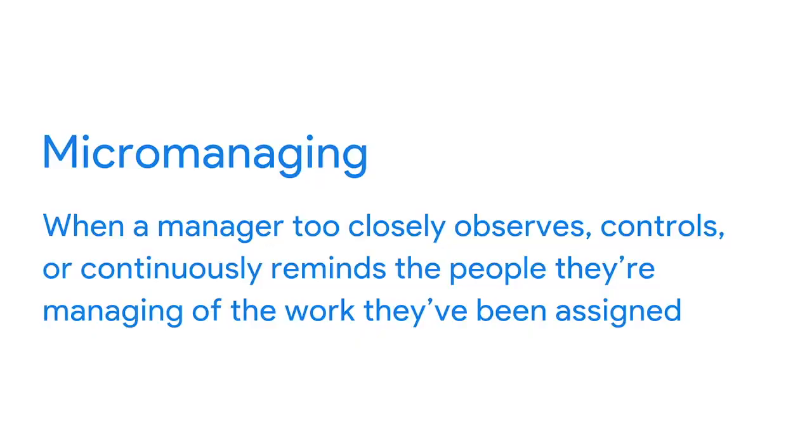Even when you're just trying to get a clear understanding of a task you don't understand, asking questions without empathy can leave team members with the sense that you're micromanaging them. Micromanaging is when a manager too closely observes, controls, or continuously reminds the people they're managing of the work they've been assigned. This has a negative impact because it demonstrates the manager's lack of trust and confidence in the people they oversee.